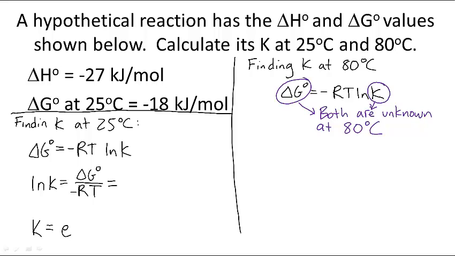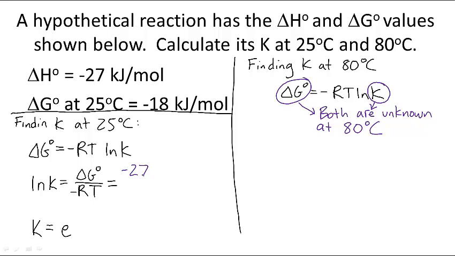First, K at 25 degrees Celsius. This is the relatively straightforward part. You're just applying delta G naught equals negative RT ln K. I just moved the RT to the other side, so I got ln K equals delta G naught over negative RT. So if I plug in values there, I'm going to change kilojoules to joules because R is in joules.